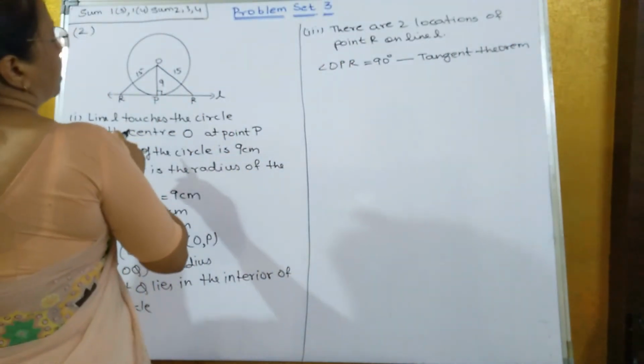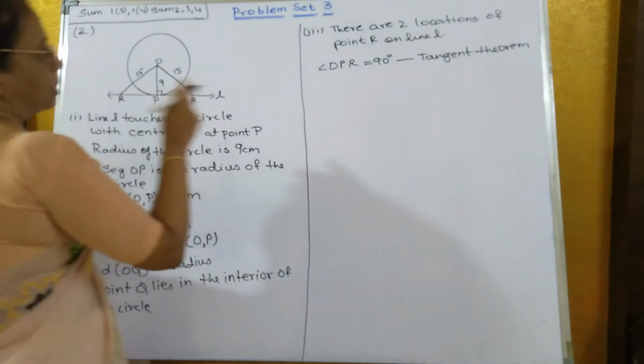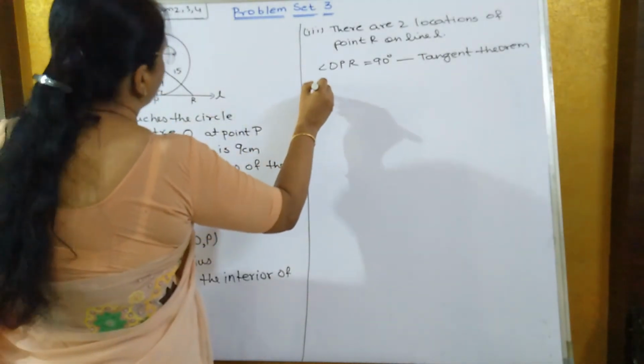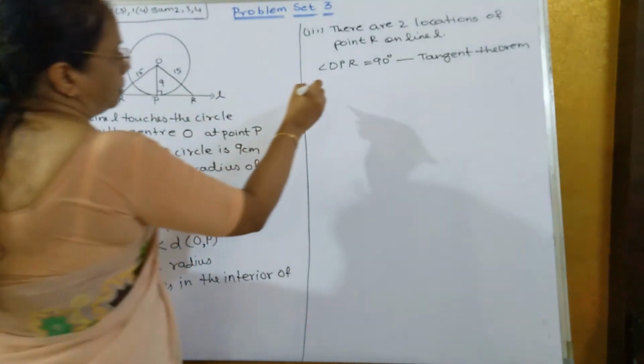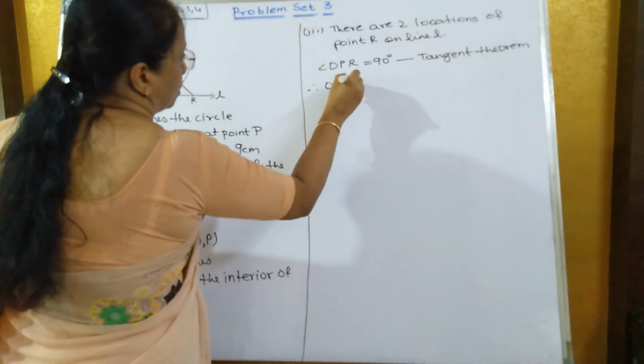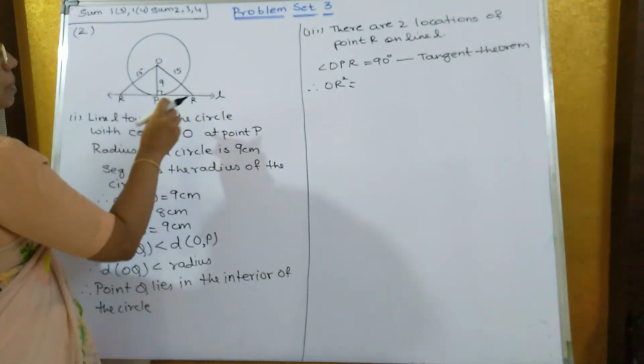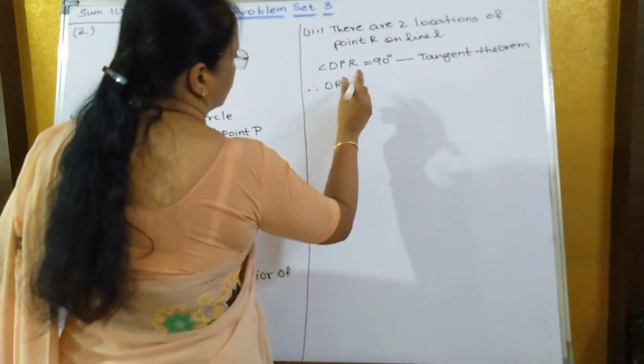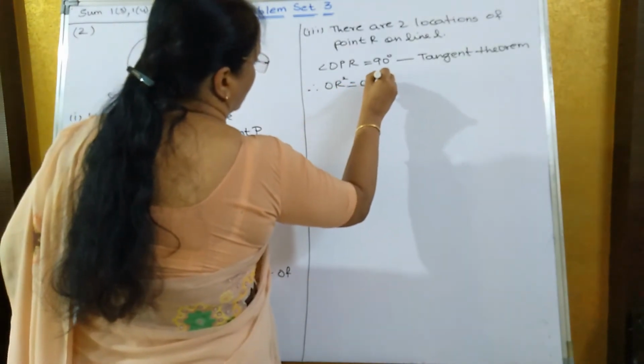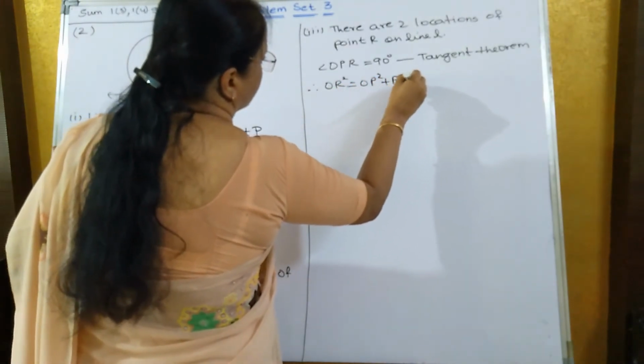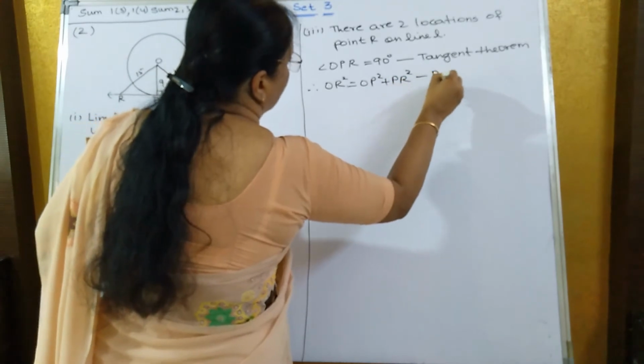Therefore it became a right angle triangle. Therefore OR square is equal to OP square plus PR square. Reason: Pythagoras theorem.